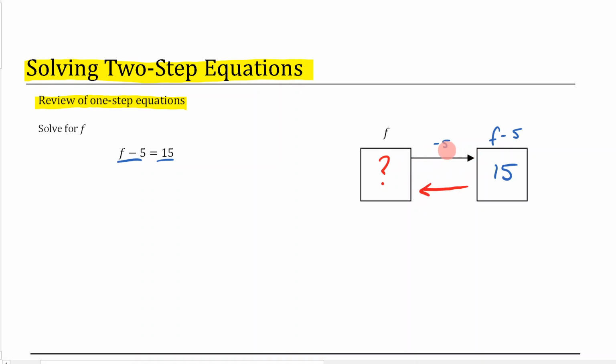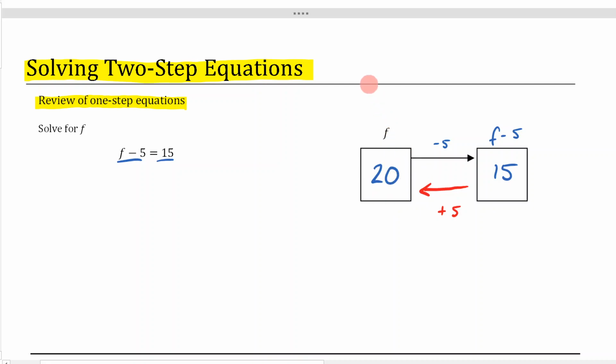So if going this way I was minusing 5, then to go backwards, I'm going to do the opposite of minusing 5, which is plusing 5. 15 plus 5 is going to be 20. And that means 20 is going to be my answer. So I'll put a 20 there. So that means f is equal to 20.